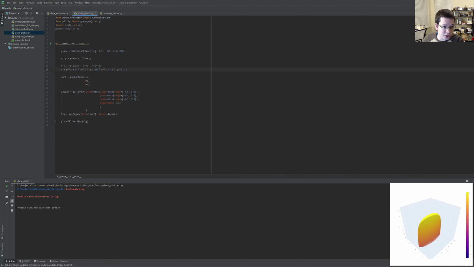Then I'm going to change this range because I'm sure it's valid for more than that. Negative 10 to 10, negative 10, 10, and I'm going to change that density back down to 100 because I don't think I need much more than that.